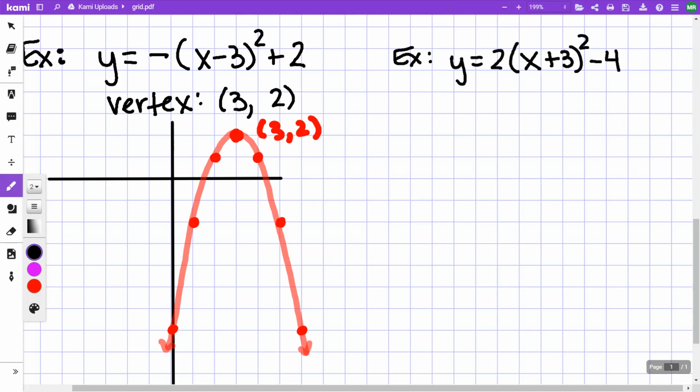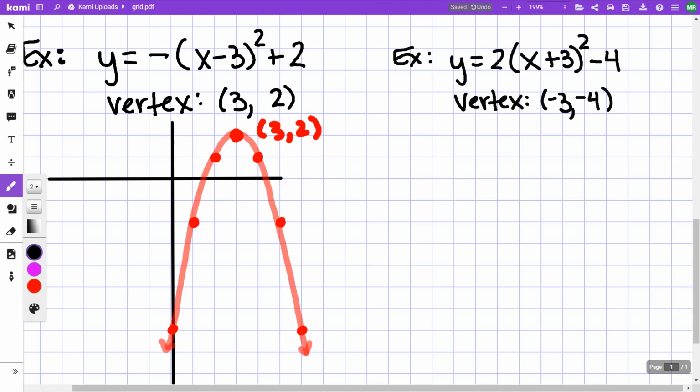So I am going to first start with the vertex. And my vertex, if I look at this, that plus 3, that means what makes that 0? -3. And then it is a minus 4. So my vertex is going to be at -3, -4. My parabola is going to open up because of the positive 2.